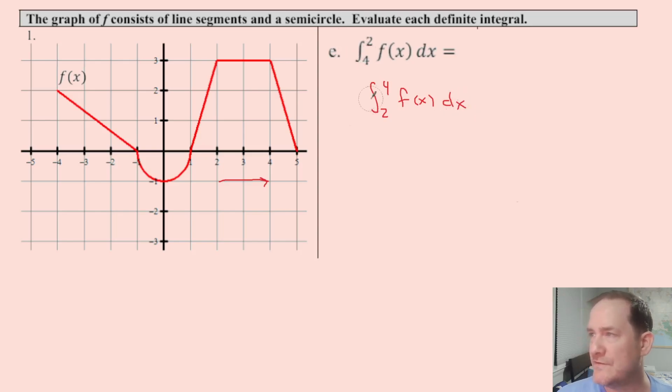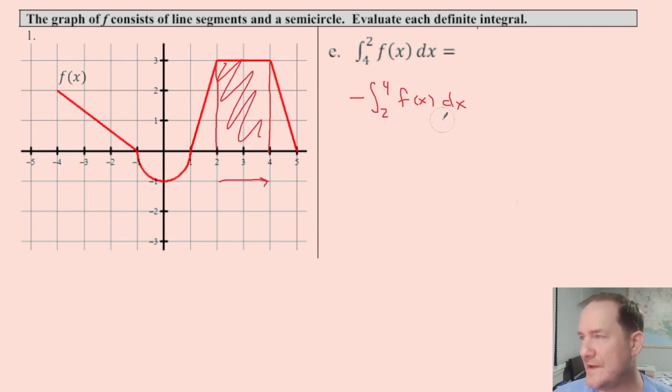But of course, when you reverse those limits, you want the opposite of whatever answer you would have gotten. So 2 to 4 is just this rectangular piece of the trapezoid, which means I can find all this area by just doing base times height and sticking a negative on it. So this will be the opposite of 2 times the height of 3, so just -6 square units.